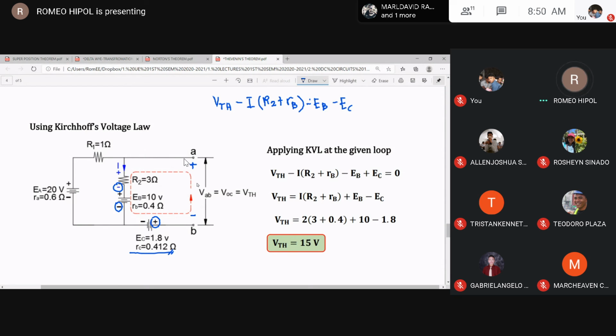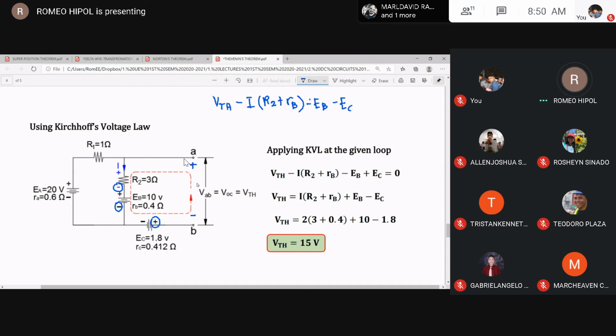Or do we need to get the equivalent voltage drop dito sa internal resistance RC? Kailangan ba natin kunin yung voltage drop dito sa internal resistance?